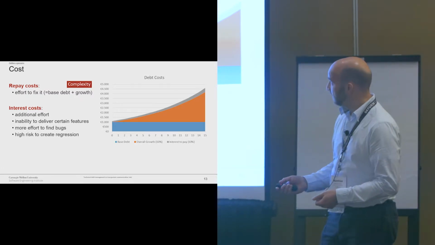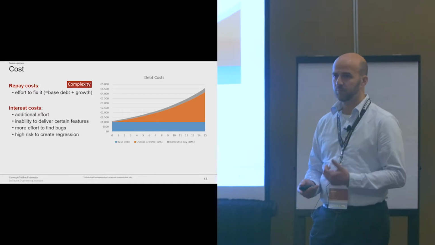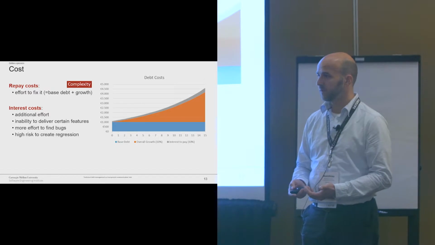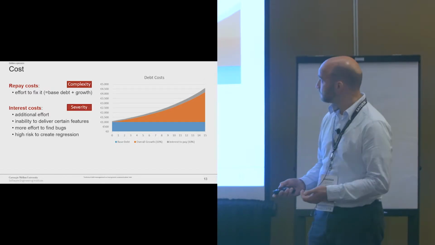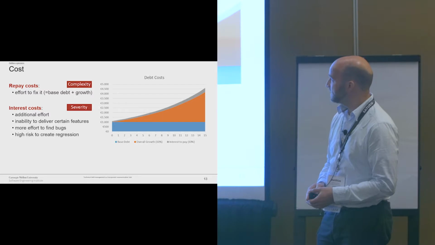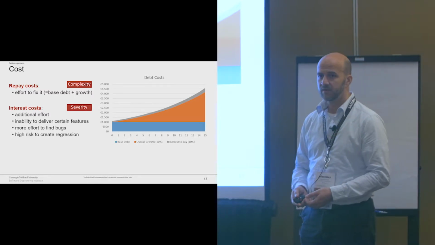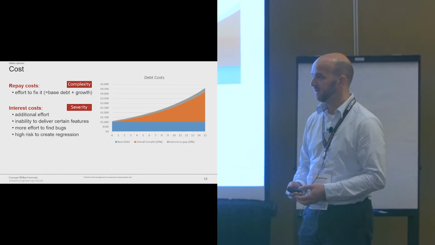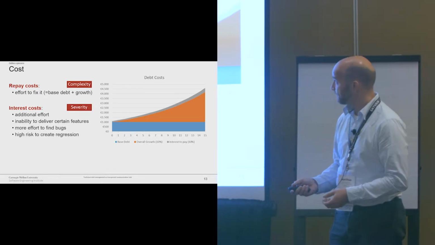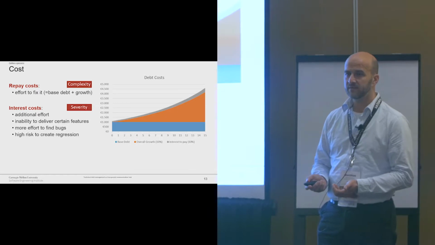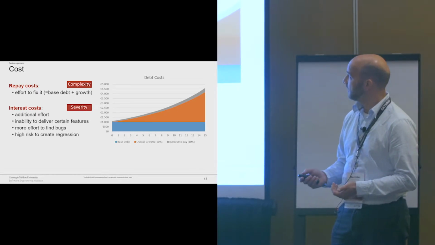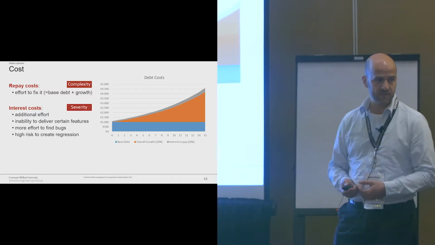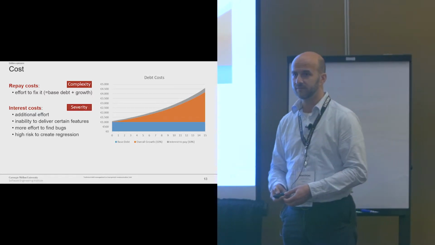That's basically the cost we have to pay daily when we are working with the software. That's reflected by the severity: how big is the problem, and how much do we suffer daily because of it. That's a cost we have to pay, and in the communication with management, costs are always a good thing to get an ear.